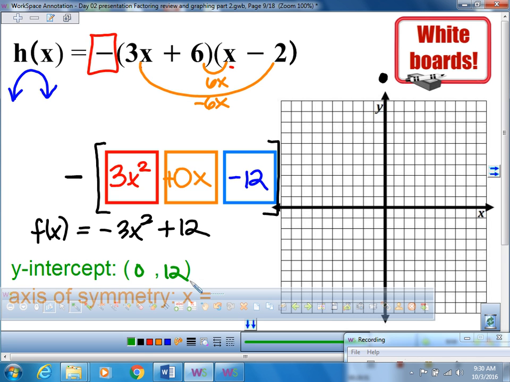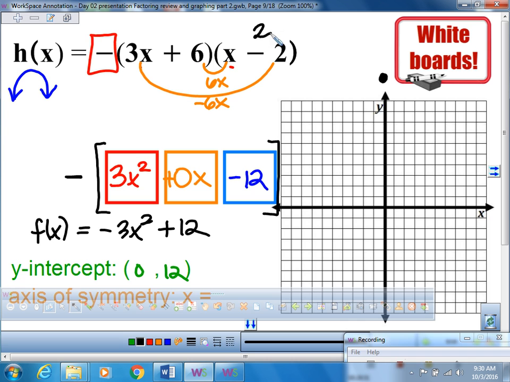All right, where are my zeros? I know I've got one here at 2. I got to divide by 3. So let's rewrite this.